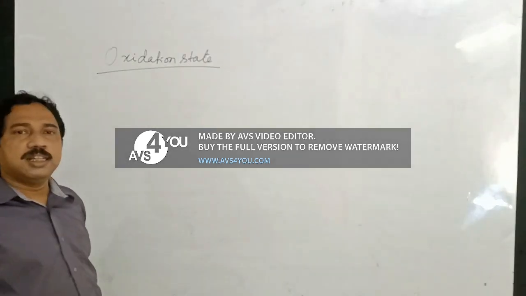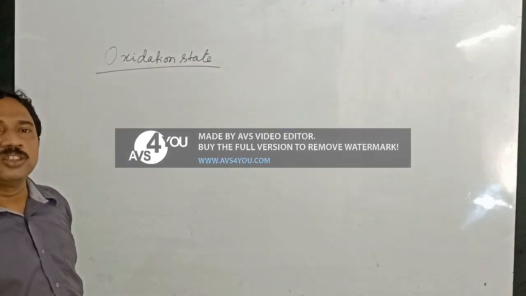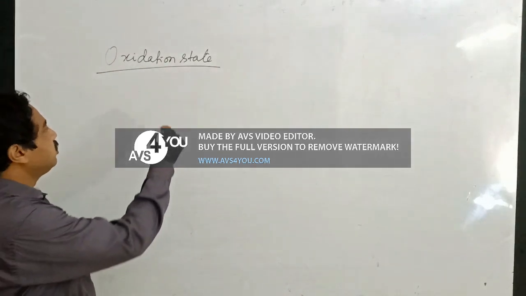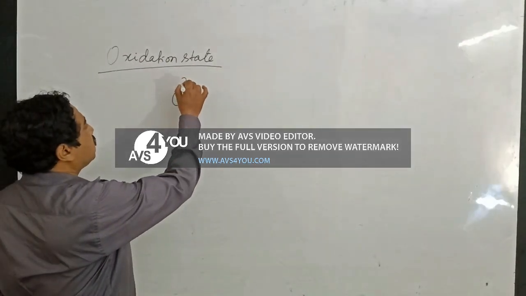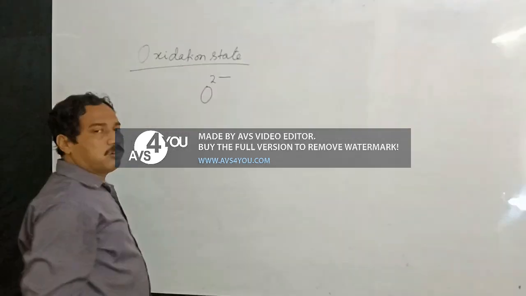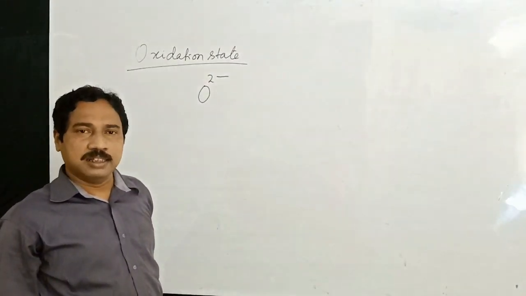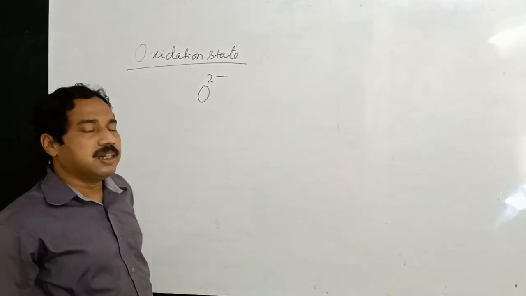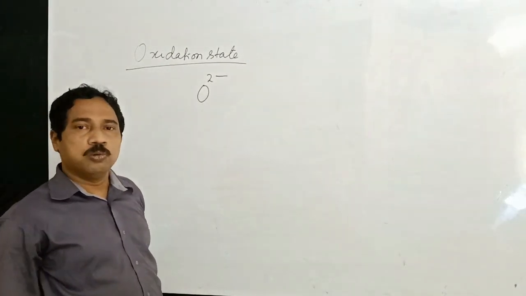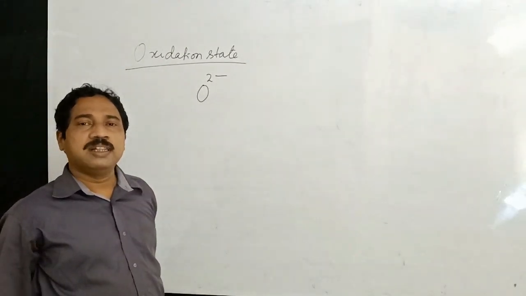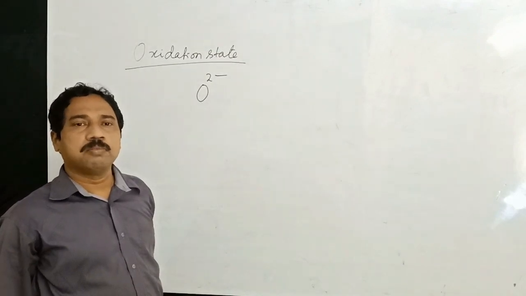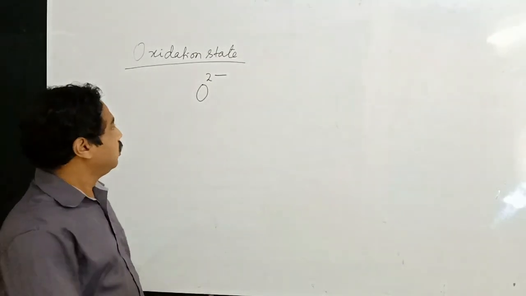Oxygen can easily show a -2 oxidation state because it has higher electronegativity due to its smaller atomic size, so it can easily gain 2 electrons to complete its octet during the formation of a chemical bond.